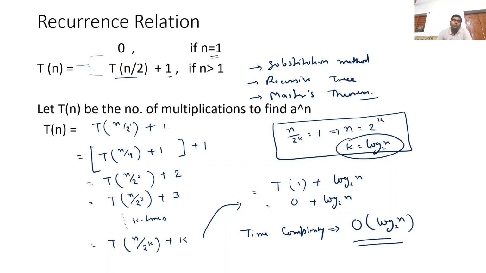It is very much evident that this approach is quite efficient compared to the previous one: solving the power of an element without divide and conquer takes order of n time, whereas with the divide and conquer approach it takes order of log n time. You know very well that log n time is quite lower compared to linear, that is order of n. So this is a better algorithm.